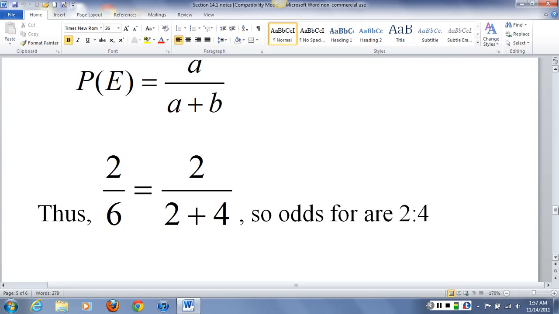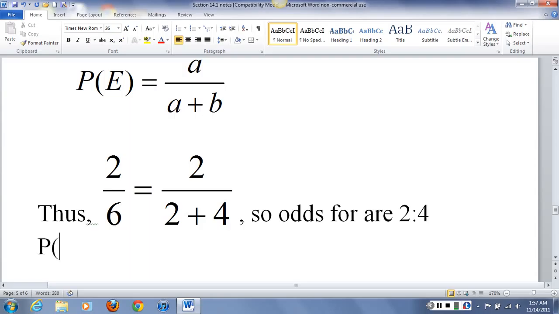Now let's look at using the original definition. The original definition said that the odds in favor are the probability of the event happening divided by the probability of the event not happening. Okay, so let's do that. What's the probability of this event happening? It's 2 out of 6. What's the probability of the event not happening? Let me illustrate this a little better.